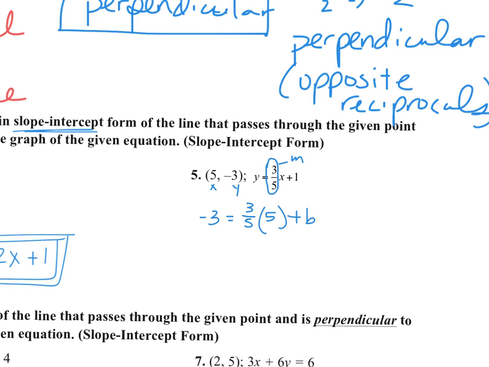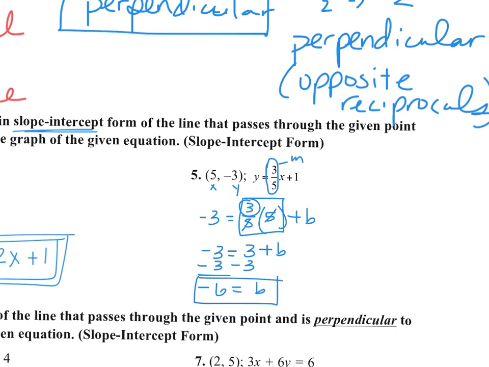If I do 3/5 times 5, the 5's cancel and I'm just left with 3. So I get -3 equals 3 plus b. And then I need to take that 3 away. -3 minus 3 is -6. So my b, my y-intercept, is -6.